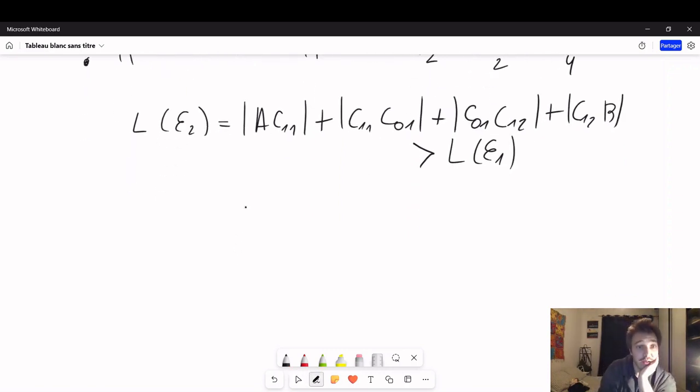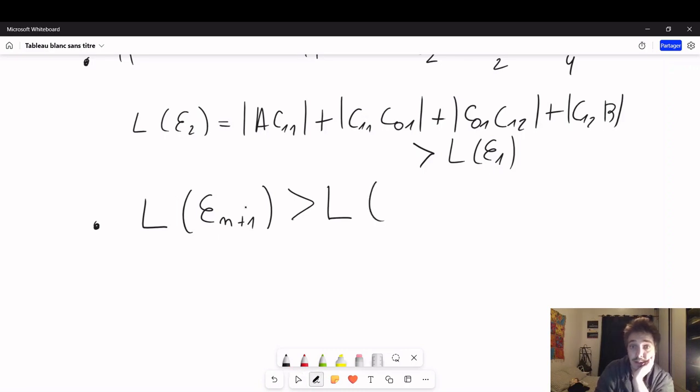So we can, in general, say that the length at epsilon n plus 1 is strictly greater than the length at epsilon n for all n.